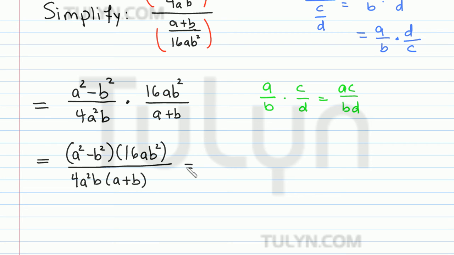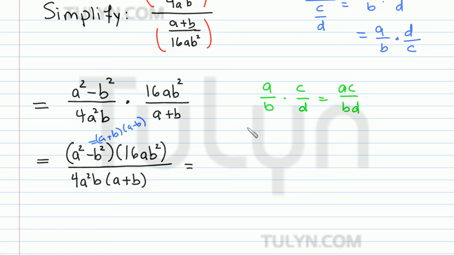So now we should try to factor things out. Now I want you to notice that this a squared minus b squared is the difference of squares formula, which, if you recall, is equal to a plus b times a minus b. I wrote that really small, but I'll write it bigger in just a second. So I'm going to write that, and I'm going to move the 16ab squared to the front.